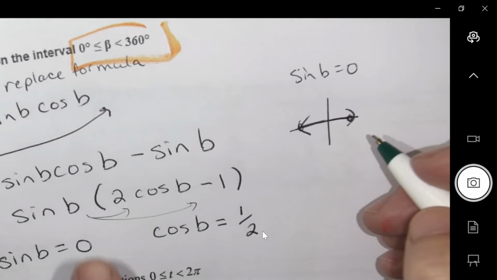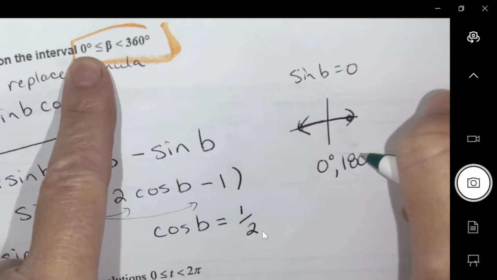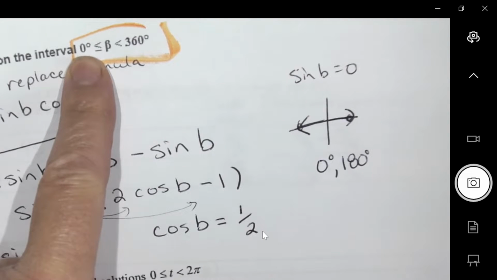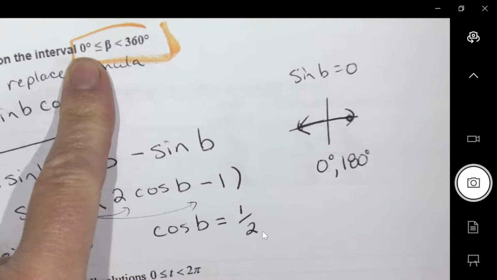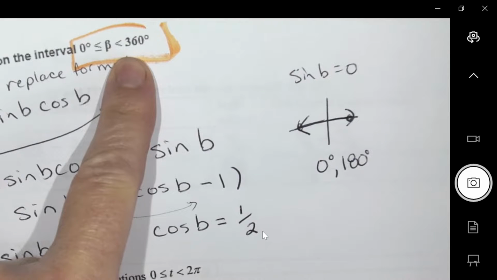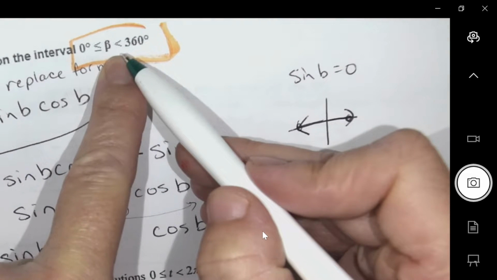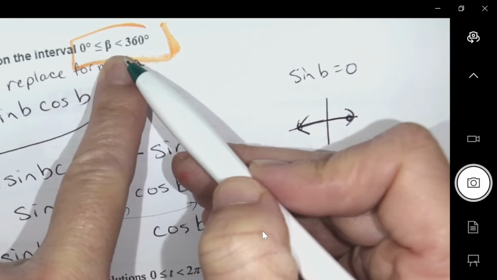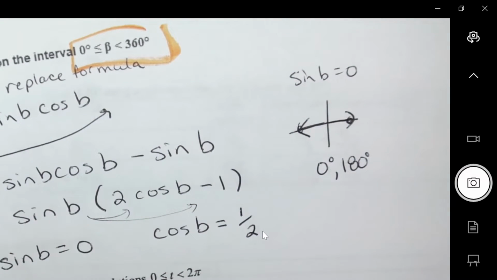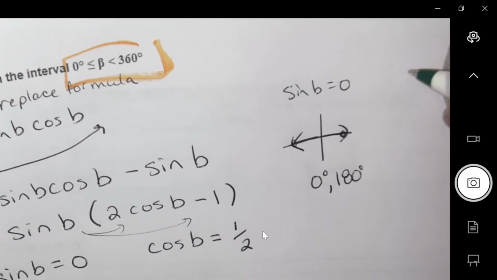Okay, so I can have a 0 degree answer, a 180 degree answer, and if this was a provincial exam, because they like to trick you, why can't I have 360 as an answer as well? Because it doesn't have a greater than or equal to. Okay, so you can't write 360. That's it, done for that one.